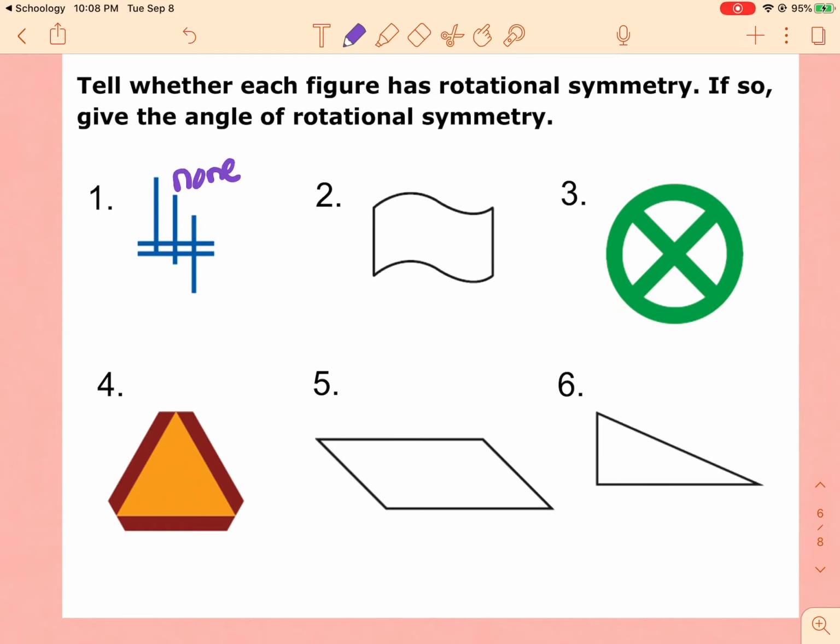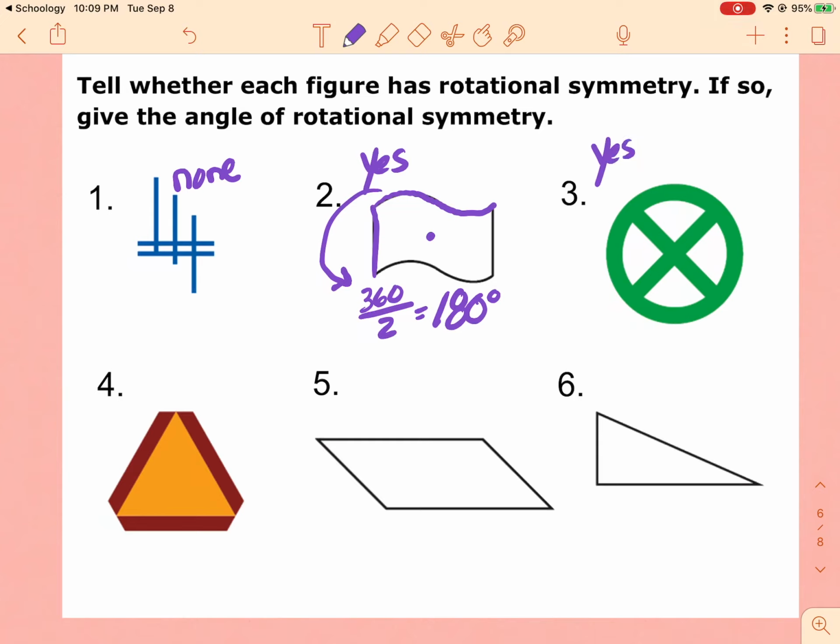With number 2, looking at that part of the figure, if that rotates, picture the middle is like that where it's turning, it would take 2 turns for it to match up exactly where it started from. So yes, it does have rotational symmetry, and we would take 360 divided by the 2 in order to say it has a 180 degree angle of rotational symmetry.